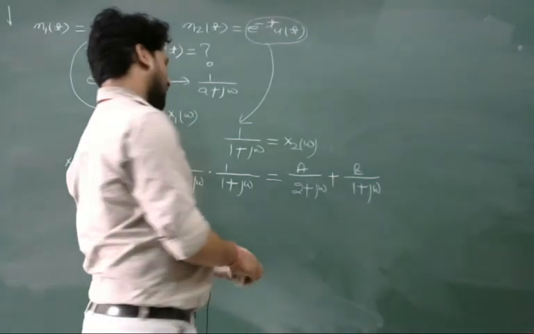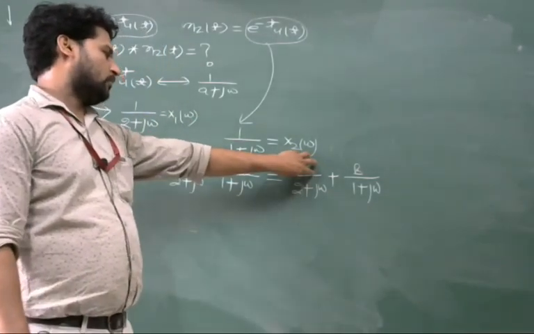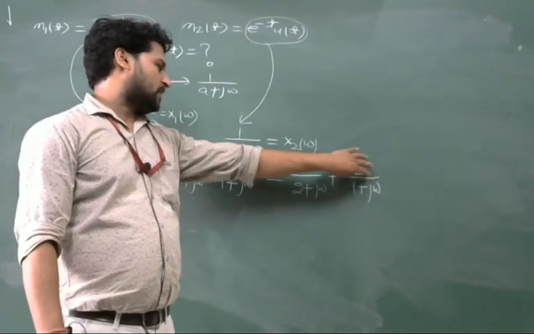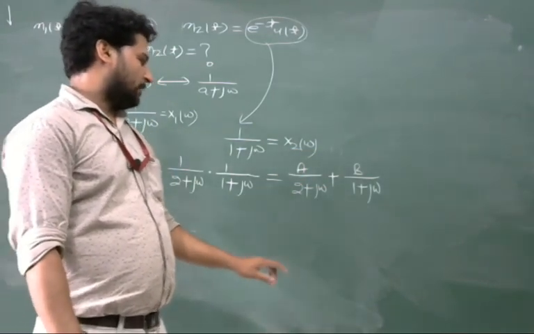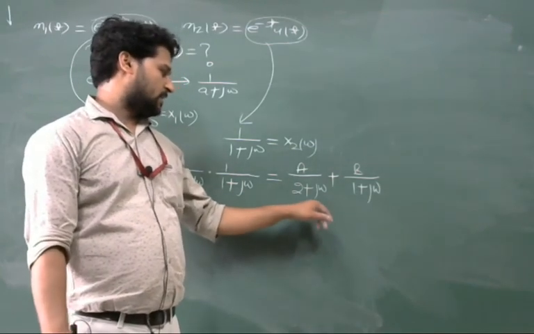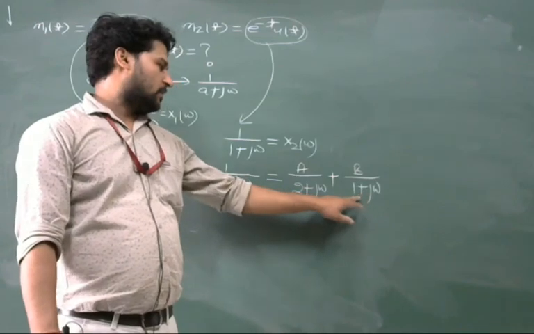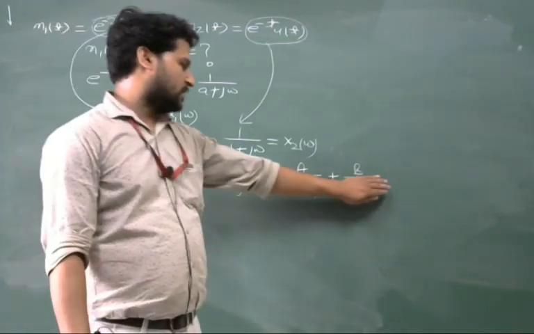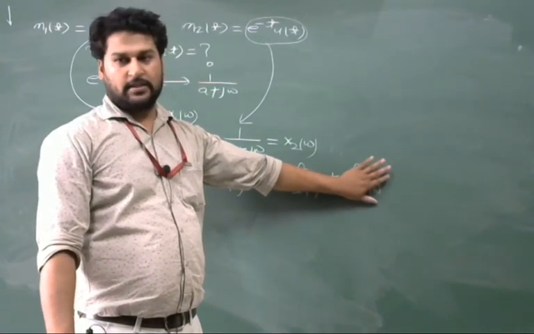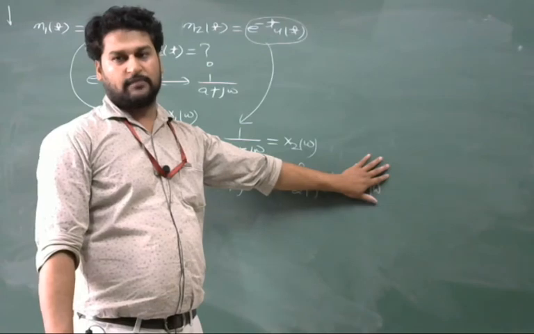So we have to get the values of these two terms A and B. To get the value of A, I will write j omega equal to minus 1 and we will get the value. So hide this term and put j omega equal to minus 1.